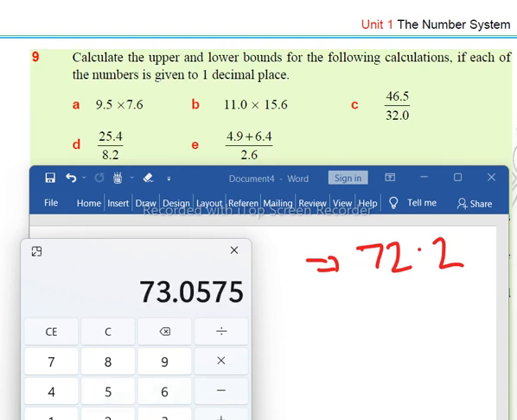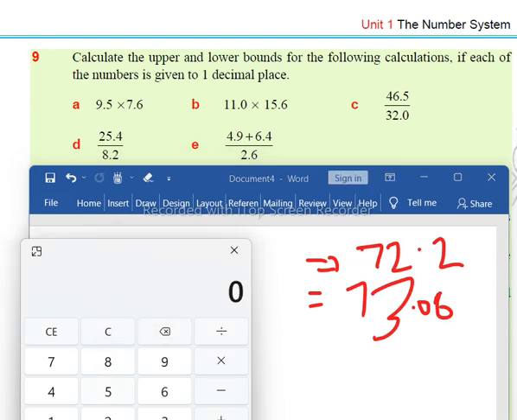So when we multiply, we get 73.05, and by rounding, we get 73.06. And when we do it with the lower bound, we can write this.